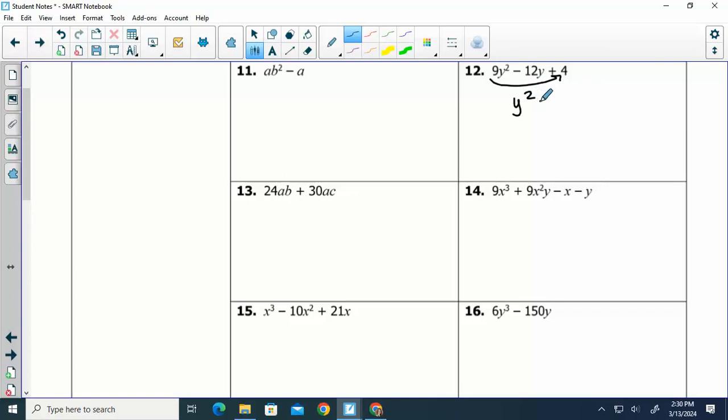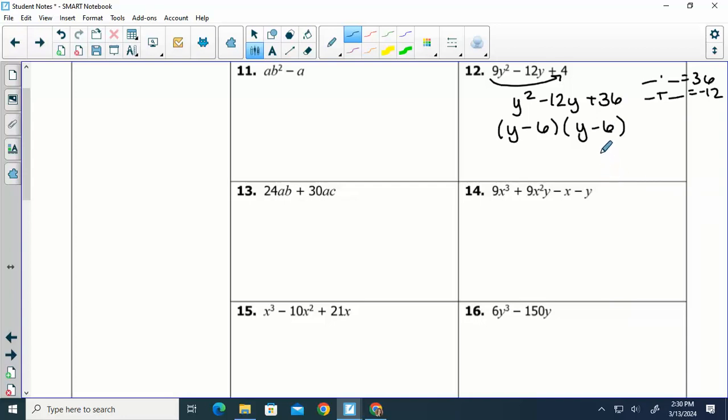So that's y squared minus 12y plus 36. So 2 numbers, multiply to positive 36, add to negative 12. Negative 6 times negative 6 is positive 36. Negative 6 plus negative 6 is negative 12.